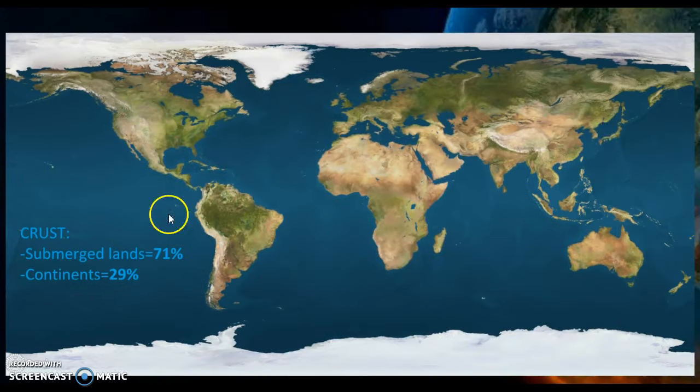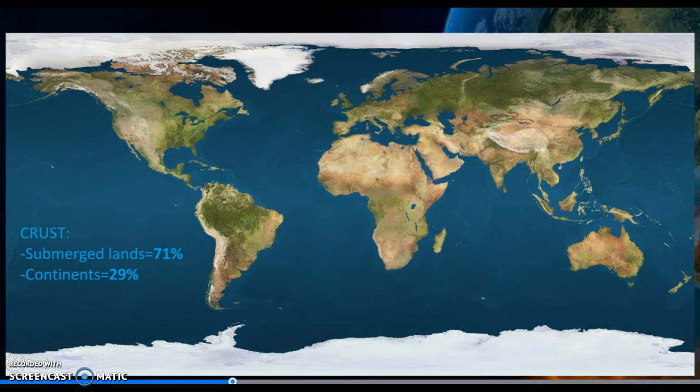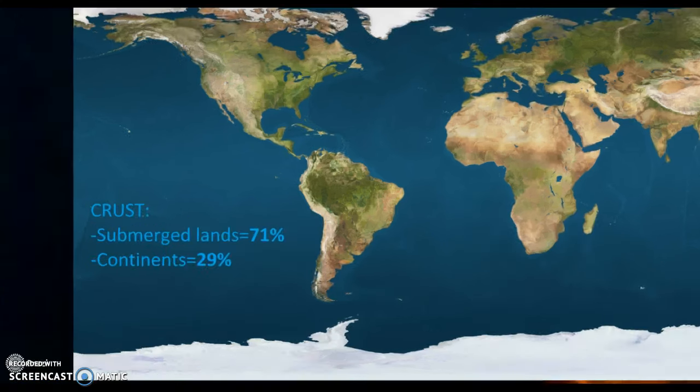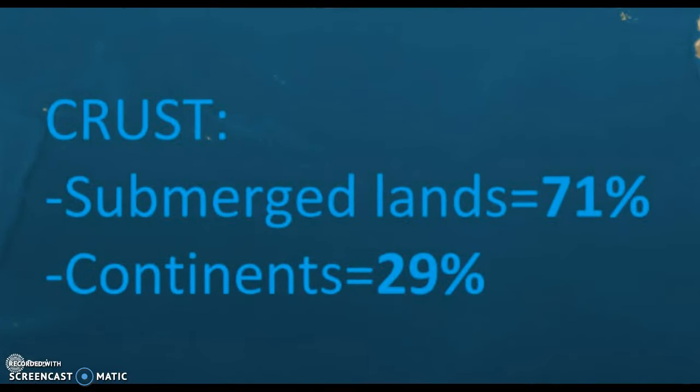So, most of the crust is covered by water, and only a few parts are land. The crust, as we said, is divided between submerged lands and continents. Submerged lands are those lands that are below the sea, okay, under the sea. And continents are those lands that are dry and are above the sea, okay?